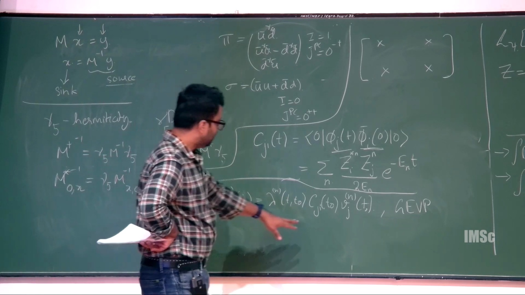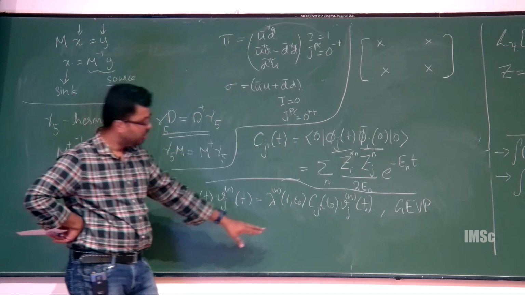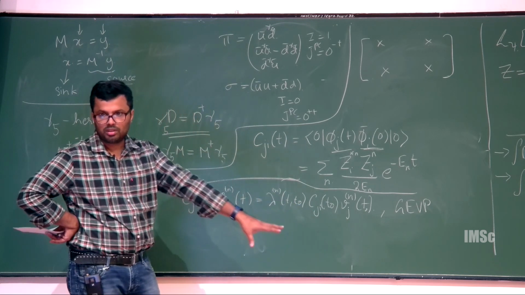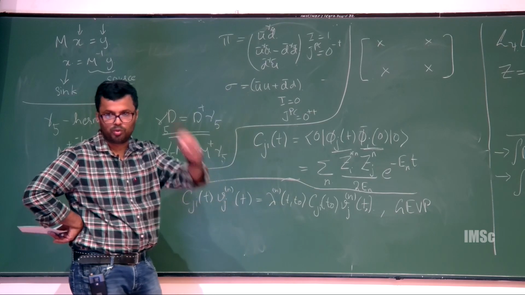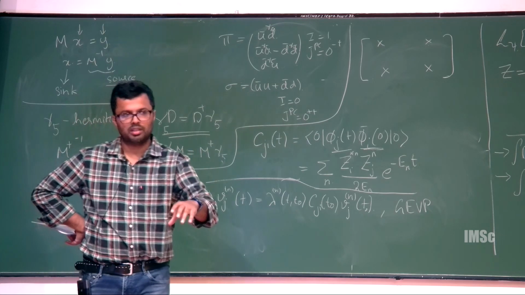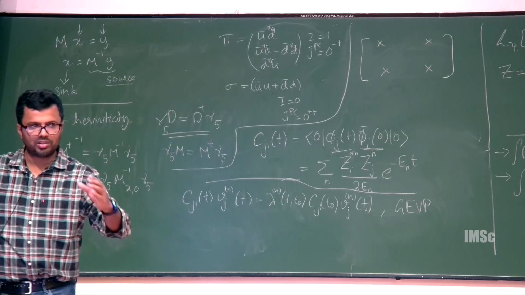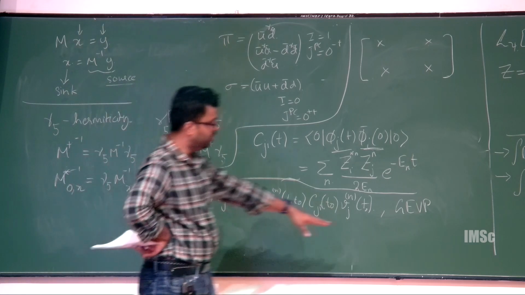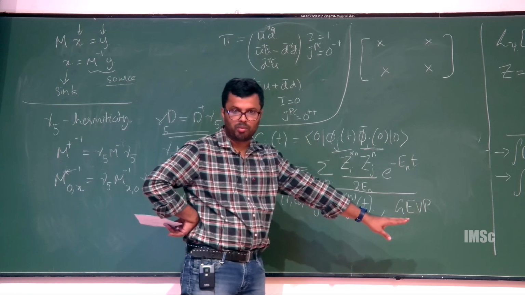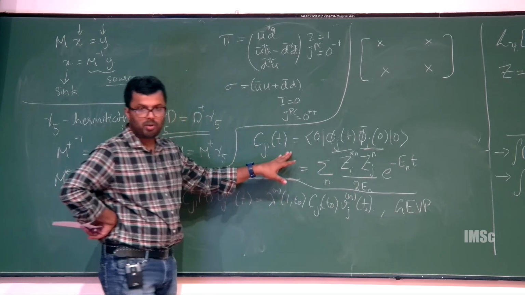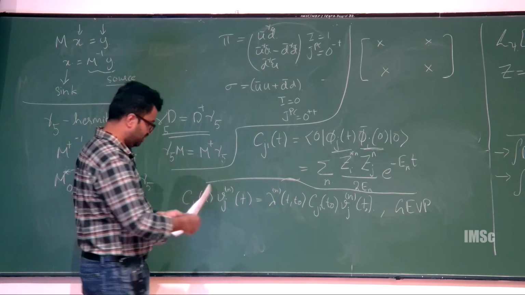The reason is that in this kind of format, your C of T0 is forced to be, in the diagonalized form, the eigenvalues at T0 is forced to be 1. So that in numerical calculations, typically you get the noise that comes from the source to be suppressed. Okay, that's the only reason we go for GEVP, but you can also cast it as an eigenvalue problem and solve for this. Once you solve for this eigenvalue problem, you get eigenvalues.